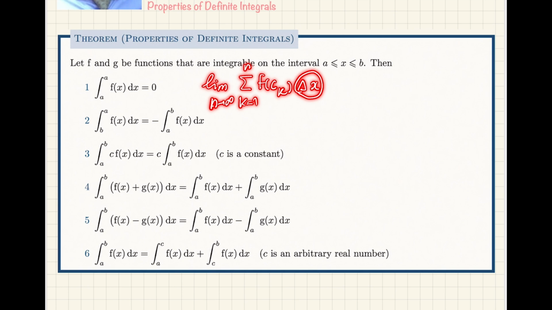So this delta x, if you remember, was b minus a divided by n. But if the lower and upper limits are the same, so b and a are the same, delta x is 0, and whenever delta x is 0, all these terms are 0, and if I add them, it becomes 0. So this is something that you can immediately understand.